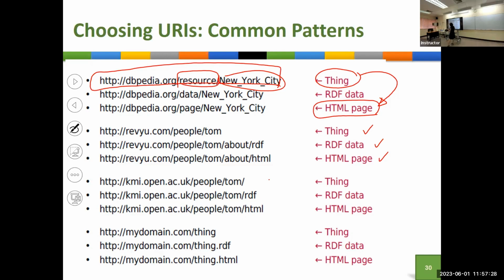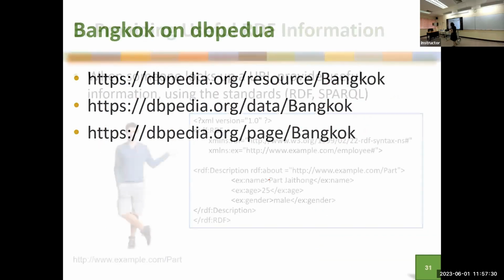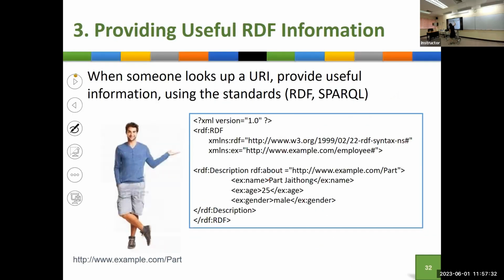Number 3 principle: when someone looks up the URI, of course, number 2 is to return something useful in human form. But principle 3 is another level: provide also in RDF statement format.